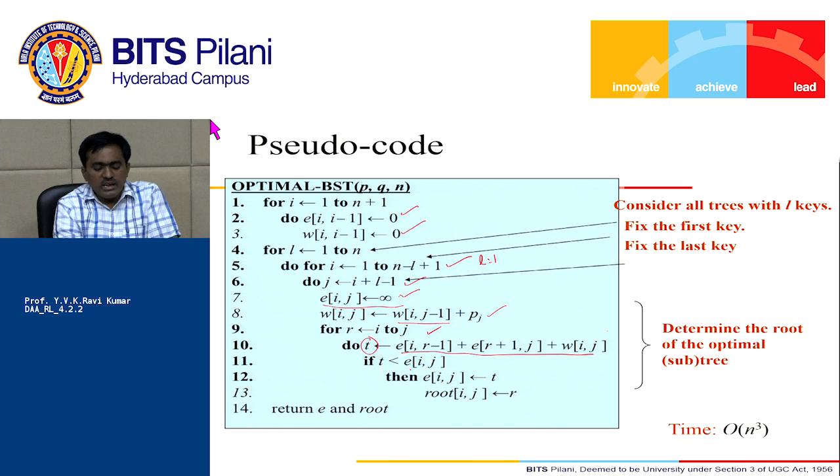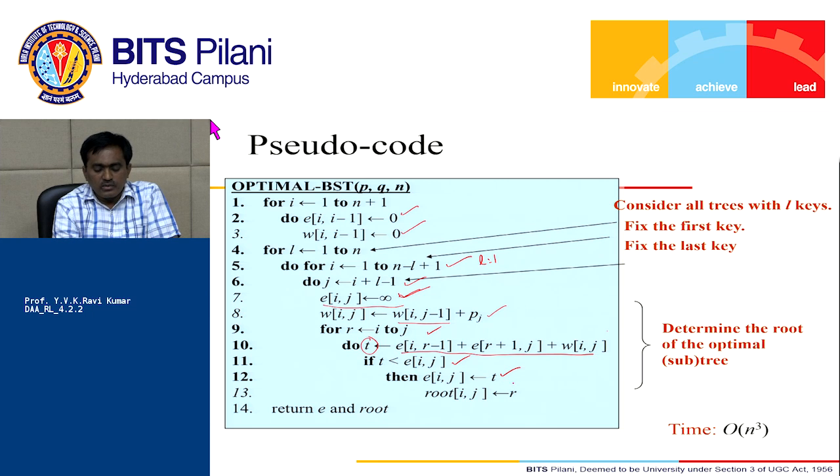Now if t is less than e i j, since we already assigned e i j with a greater value, then we conclude that e of i j is t, that is the optimal cost for the subtree which we are constructing.